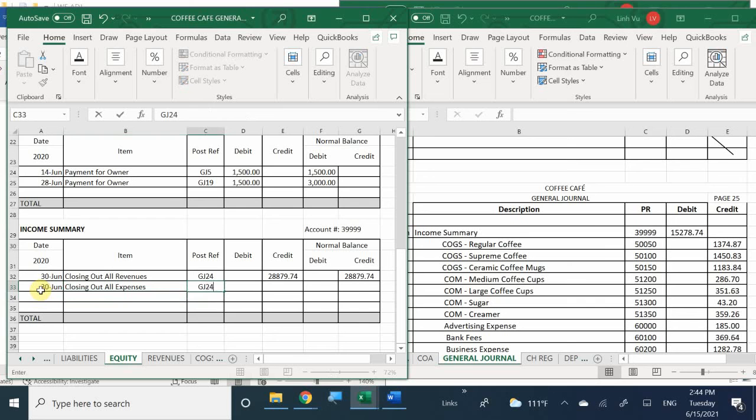General journal, this time 25, not 24, okay? And this time I'm debiting my account for the 15,278.74. In this case, because it's an equity account, its normal balance should be a credit balance, okay? So here I'm going to put my formula as I'm going to add my credits and subtract any debits.